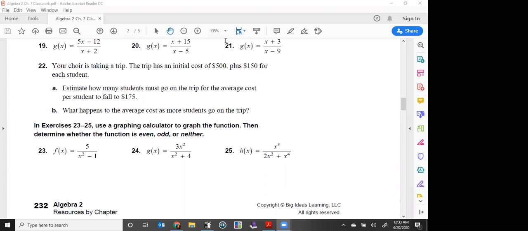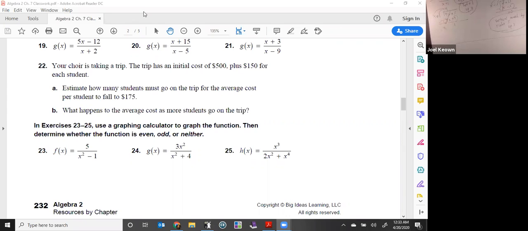The trip has an initial cost of $500 plus $150 for each student. And it says how many students must go on the trip for the average cost per student to fall to $170.